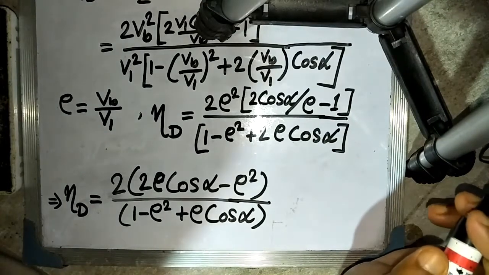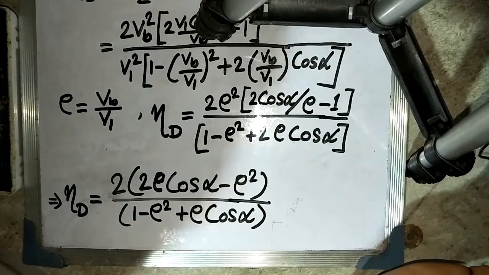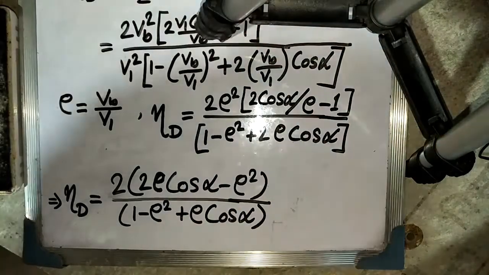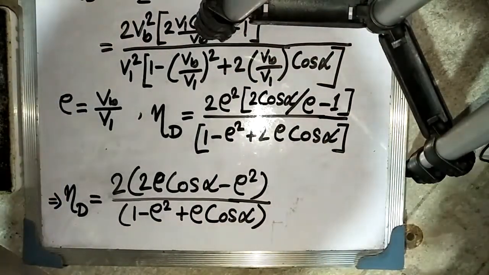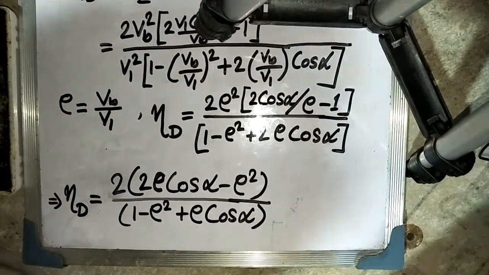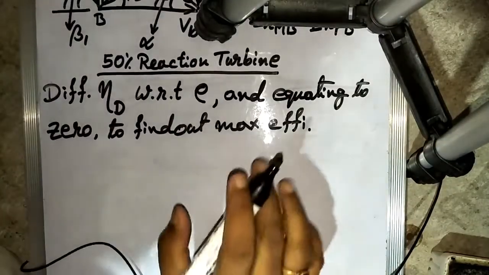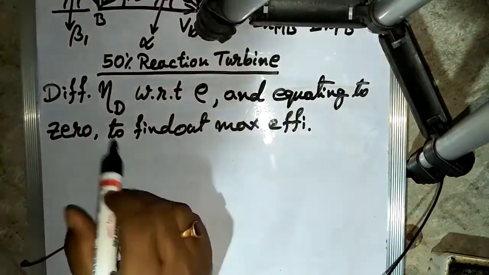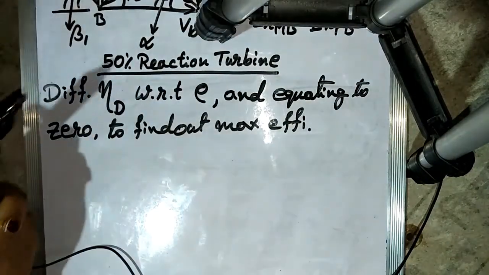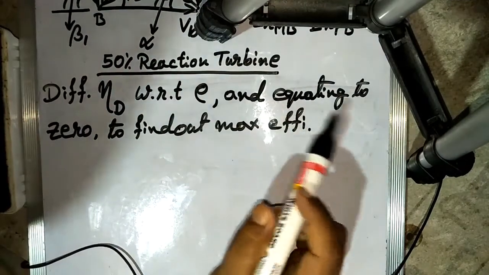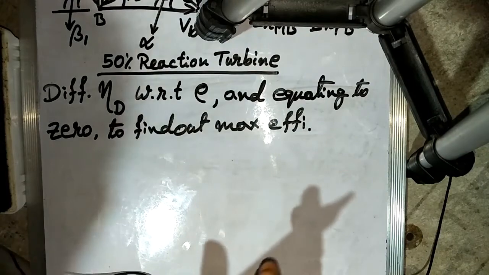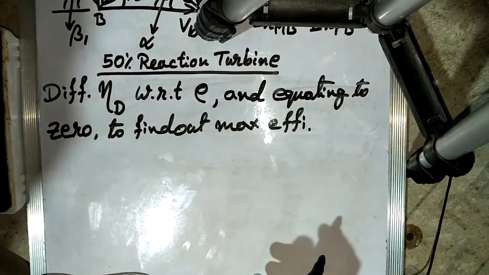Now if we want to find out the maximum efficiency for a particular value of rho, then we have to differentiate this efficiency expression with respect to rho. To find out the maximum efficiency, we differentiate this diagram efficiency expression, eta d, with respect to rho, and equate that to 0.